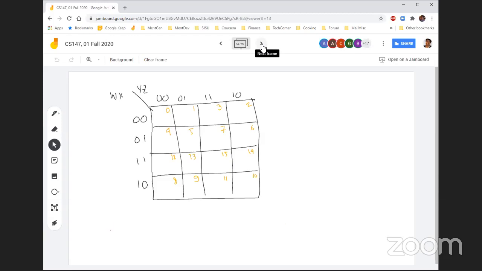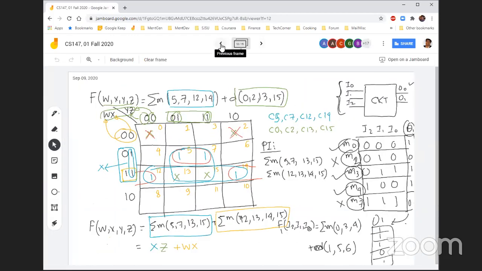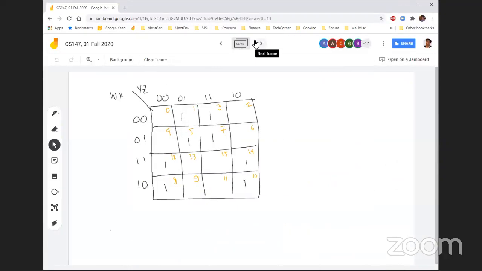And let's say the function is 1 1 1 1. So practically what I'm talking about is f(w,x,y,z) equals sigma of m 1, 3, 5, 7, 12, 14, 8, 10, and we want to now group it.